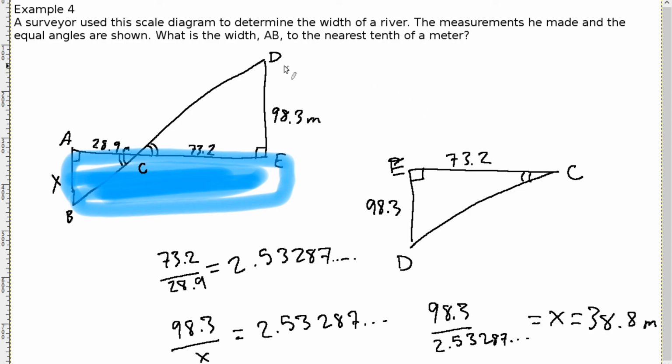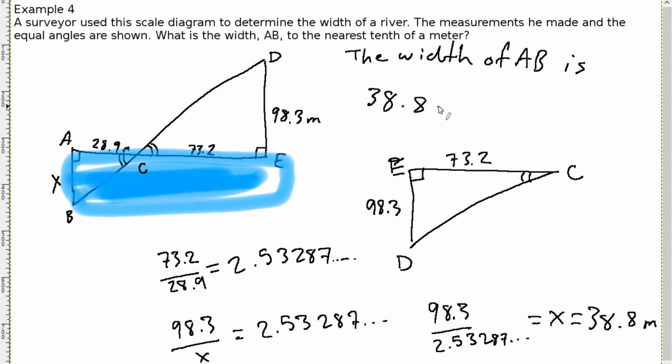So what is the width AB to the nearest tenth of a meter? The width of AB is 38.8 meters.